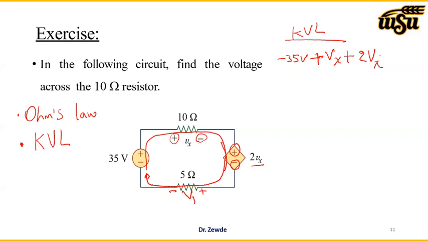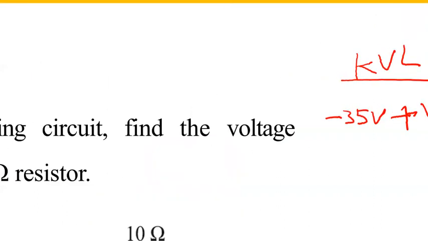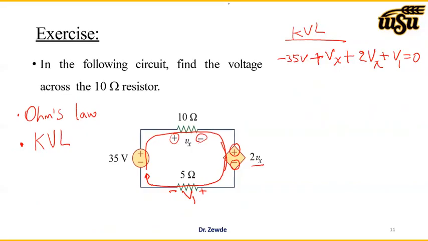So it should be plus V1. The sum should be 0. So there are 4 components, and the sum of the voltage across these 4 components should be 0. So the first one is minus 35 plus Vx plus 2Vx plus V1 equal to 0.